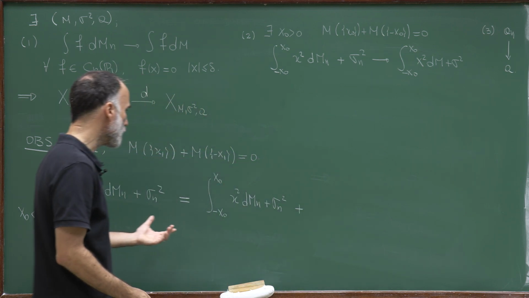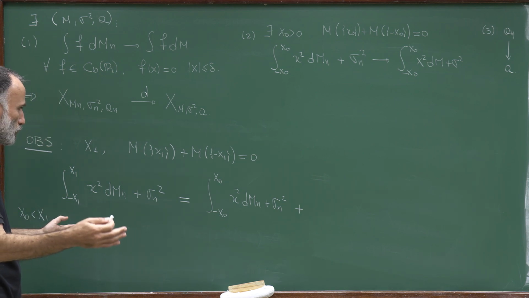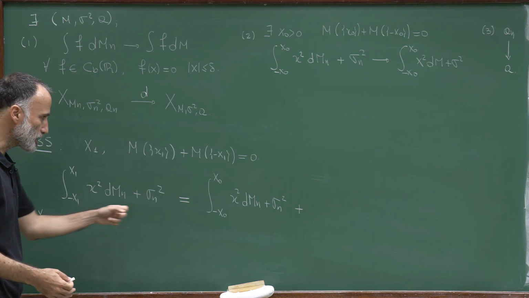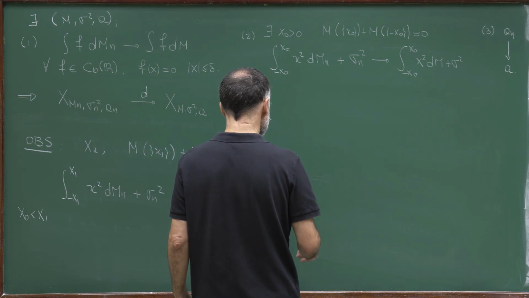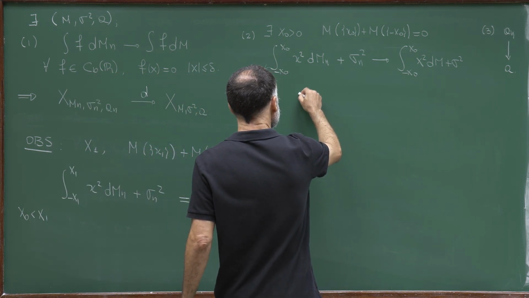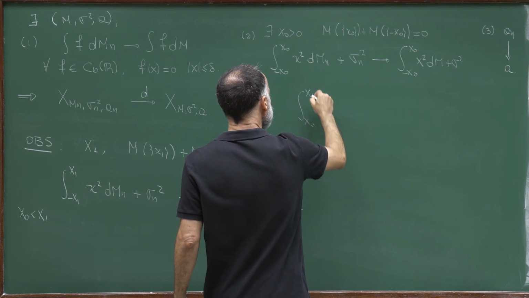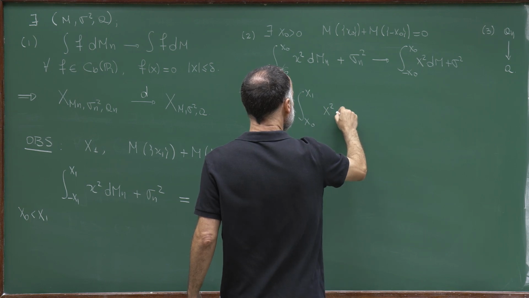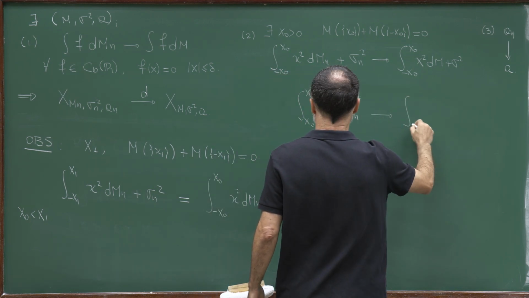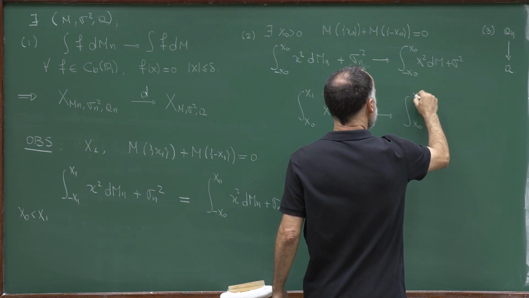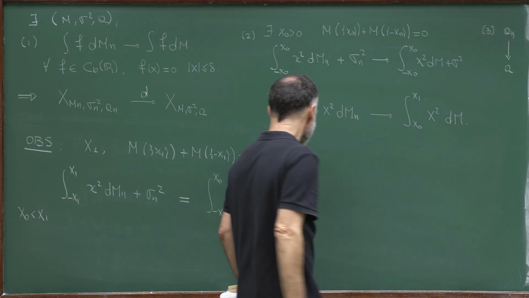And then we have two pieces which remain: the piece from x0 to x1, and the one from minus x1 to minus x0. So let me consider just one of them. What I claim is that the integral from x0 to x1 of x squared dmn converges to the integral from x0 to x1 of x squared dm.